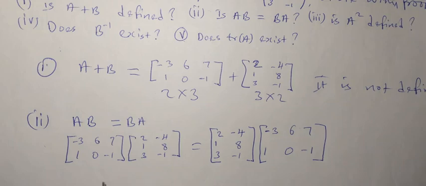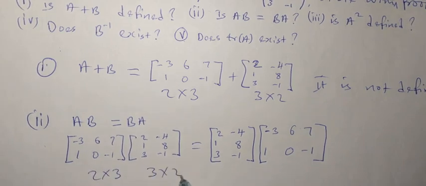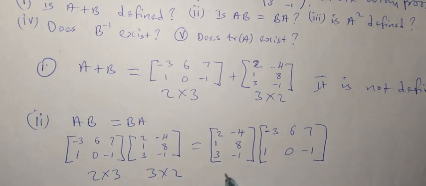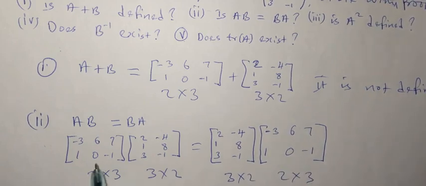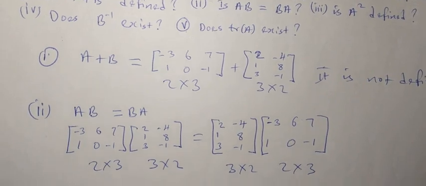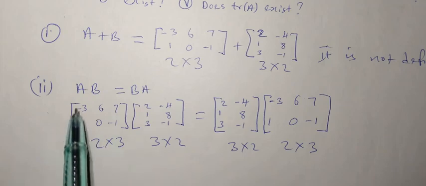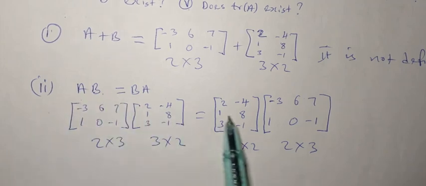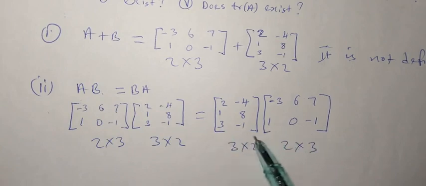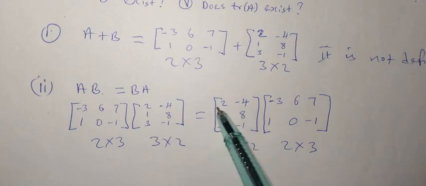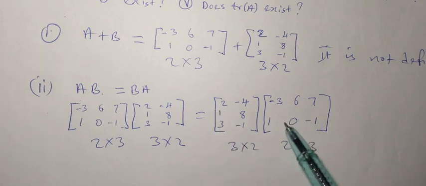By looking at this, this is a 2 by 3 and this is a 3 by 2. This one also is a 3 by 2 and a 2 by 3. Actually, we can multiply A times B, and for B times A, the other side, this can also be multiplied.